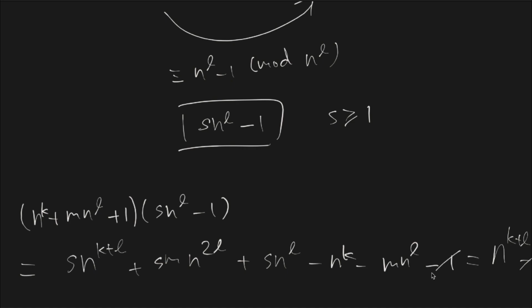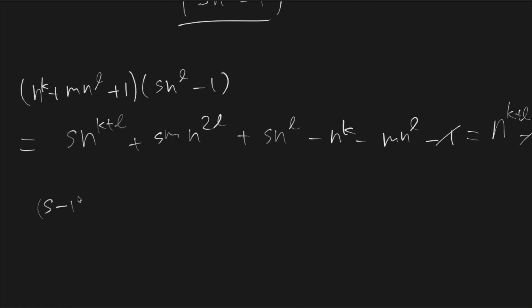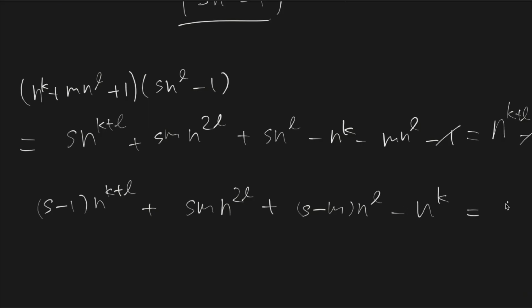So the minus 1 cancels out again. If we rearrange the terms, we get s minus 1 times n to the k plus l plus sm n to the 2l plus, what should it be now? s minus m times n to the l, and then minus n to the k should just sit there by itself. Okay.